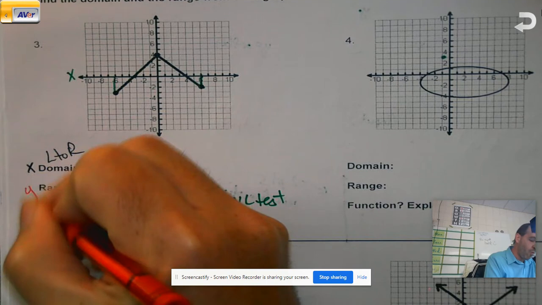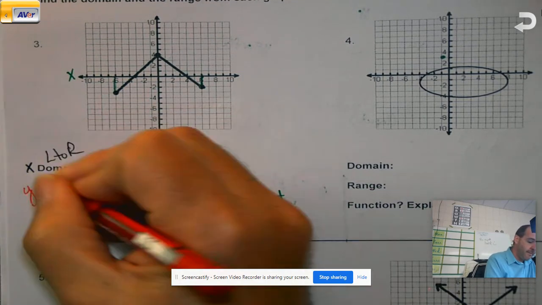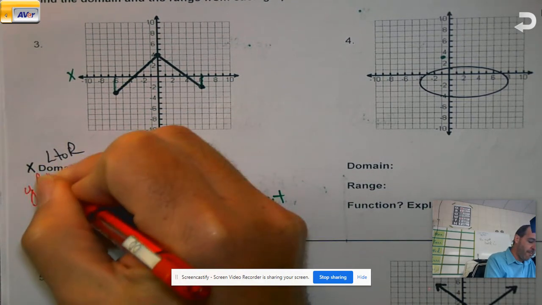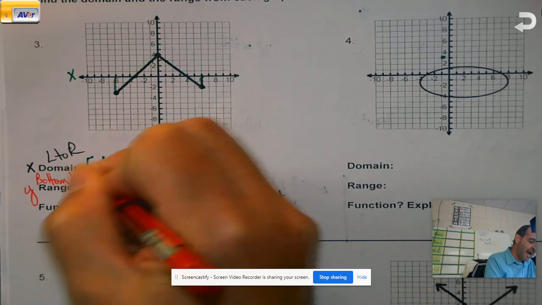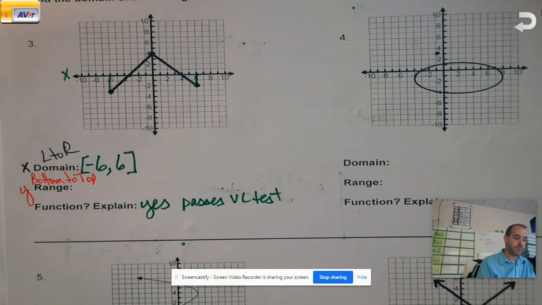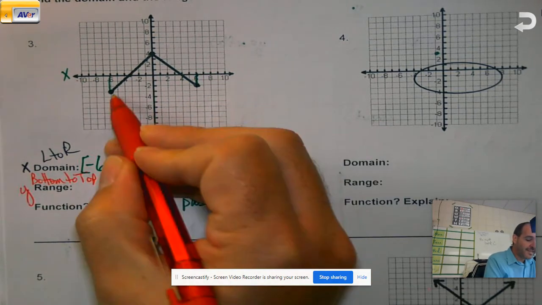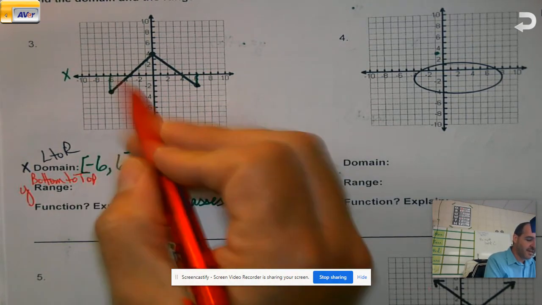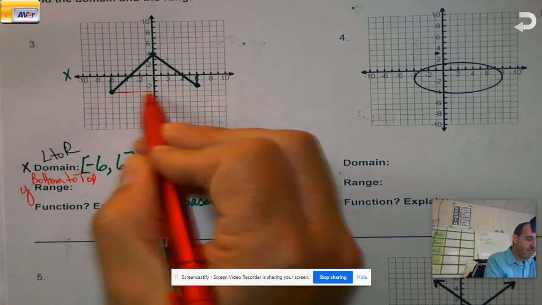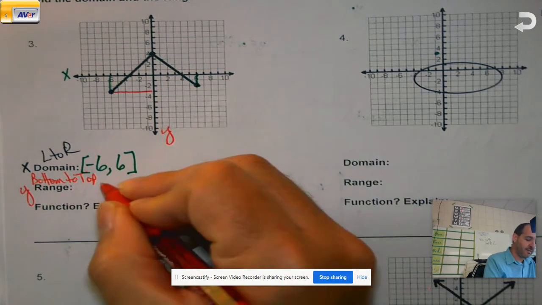Range, y values. Y values going from bottom to top. So find that lowest point. And again, we're looking not to the x-axis anymore. Don't do -6. Follow it back to the y-axis. -3.